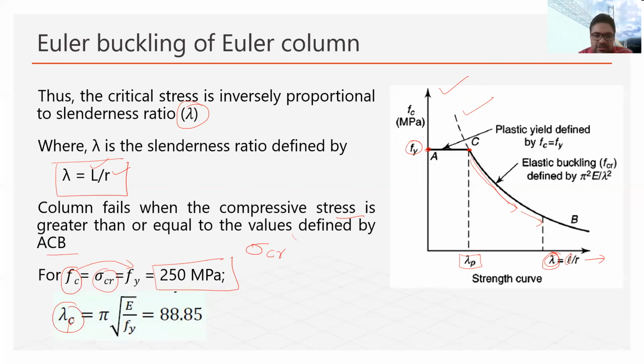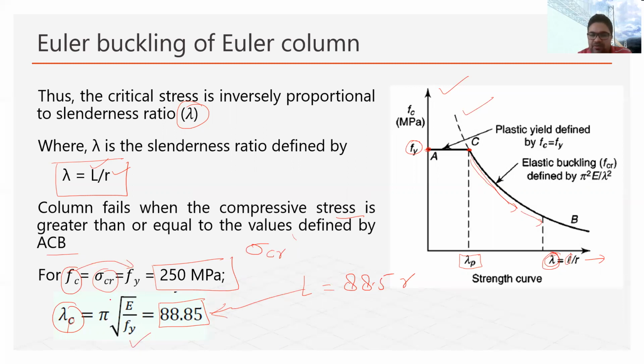We sometimes call it lambda C or lambda P. For this critical slenderness ratio, the value that I gave you earlier in the case of short compression members, that 88.5, actually came from this relationship.